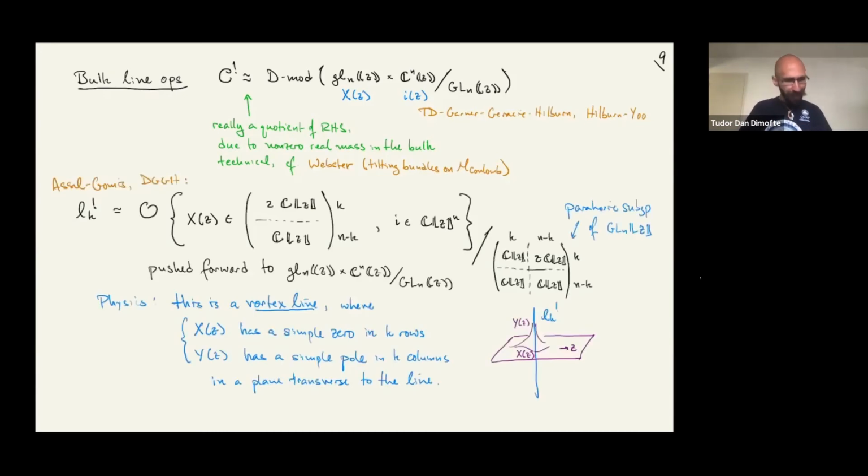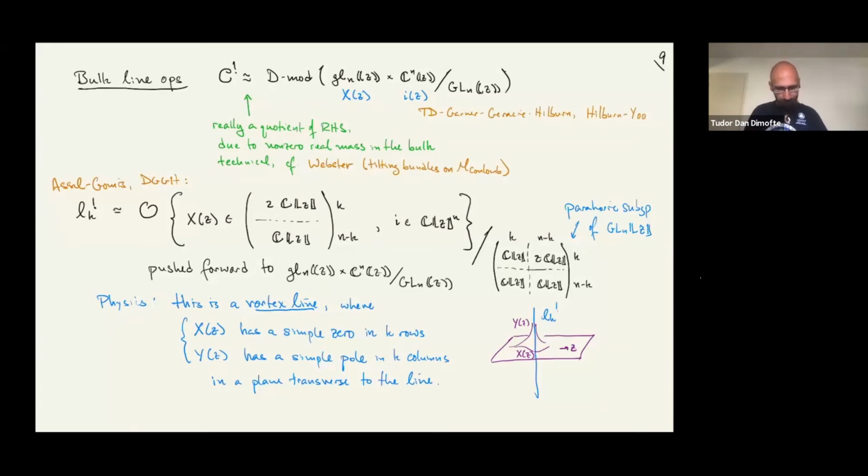And I am going to run out of time. Anyway, the mirror of the Wilson line can be analyzed using brane constructions that were described by Assel and Gomis, and then we explained with Garner, Gerasi, and Hilburn how to translate that to an object of this fancy D module category.